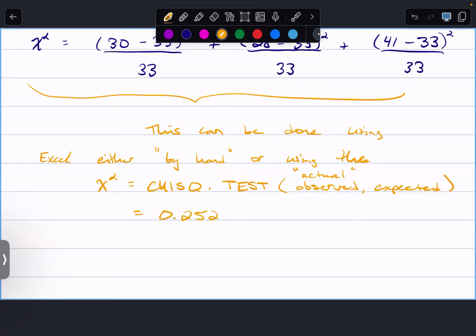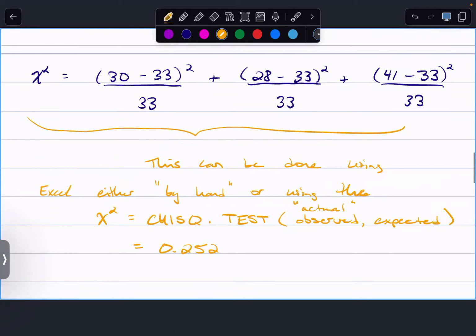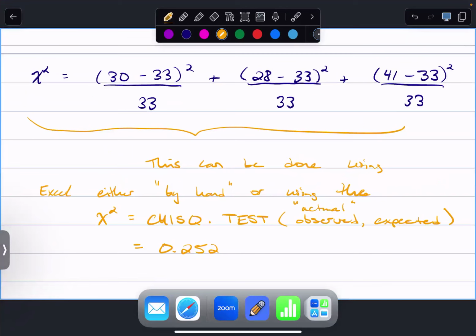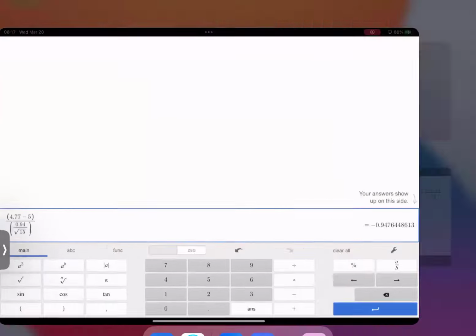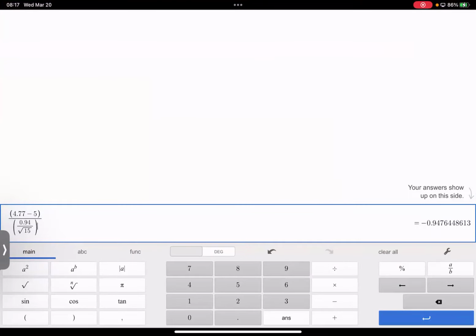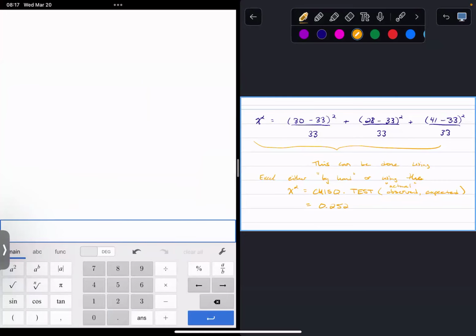0.252. Okay. Well, let's see. I'll just do it real quick here in this calculator, clear all.